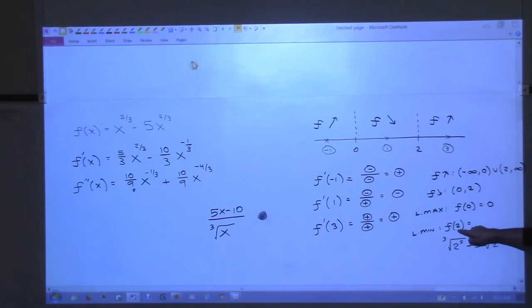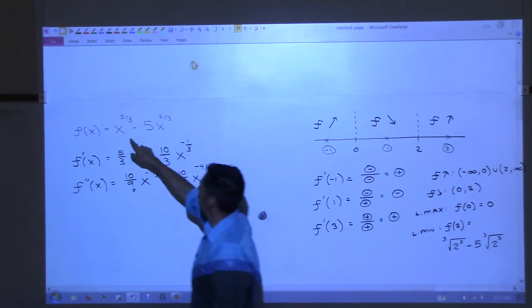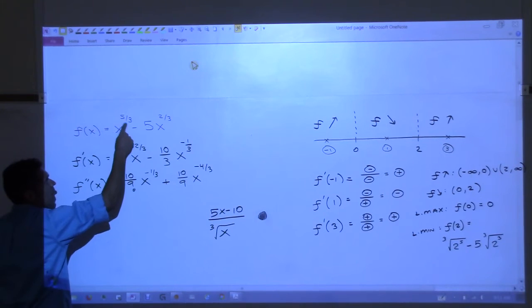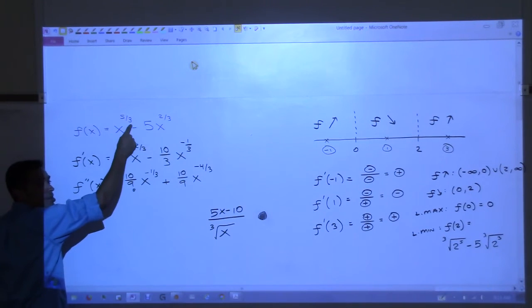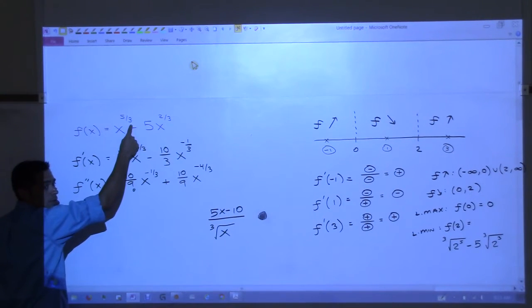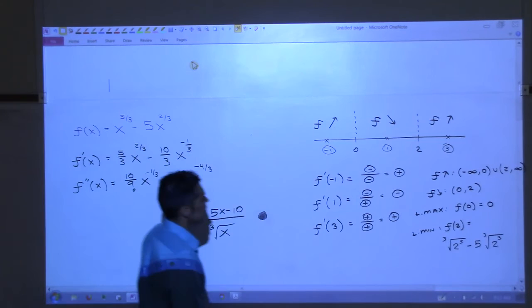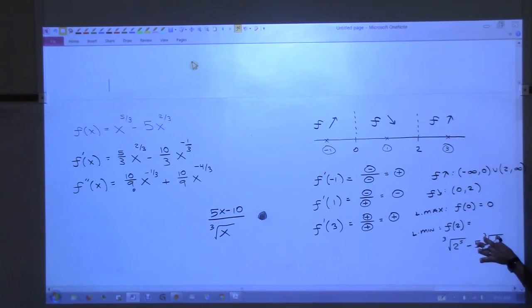Okay, so I'm plugging 2 into the original function. And remember that, with a fraction, the numerator is the power and the denominator is the root. So do y'all follow that? But wouldn't it be 2 squared? Oh, squared. Yeah, thank you. Squared here.